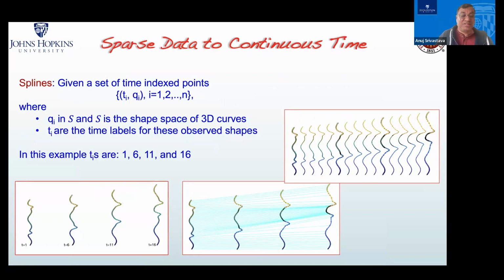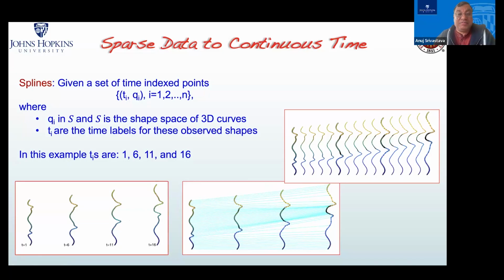So we have these tools adapted to the geometries of the shape manifolds, things like splines. We can take these discretely observed objects and interpolate between them using these spline type tools and build as dense a continuous evolution as you want.